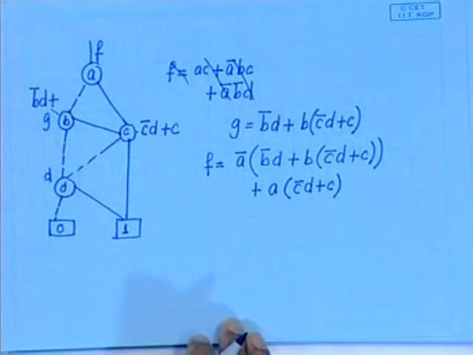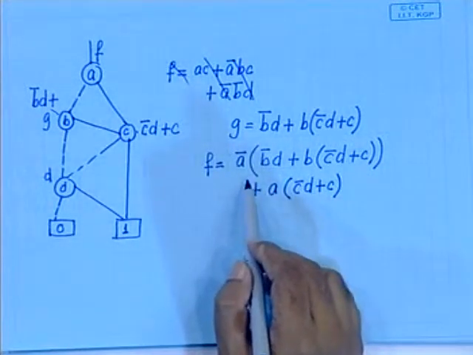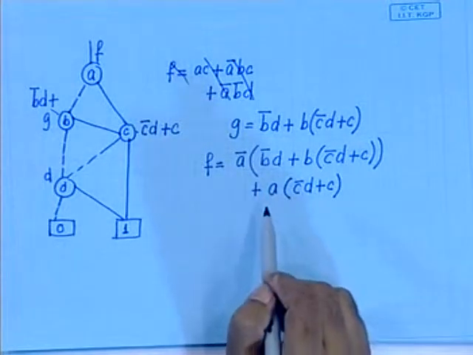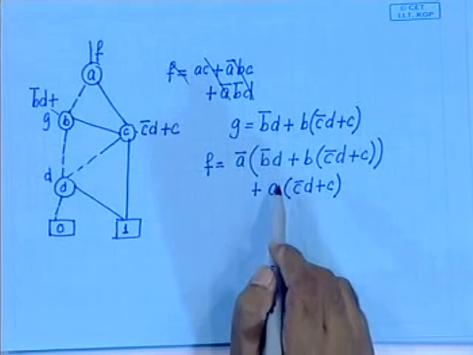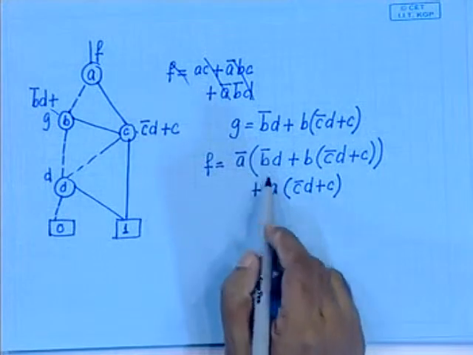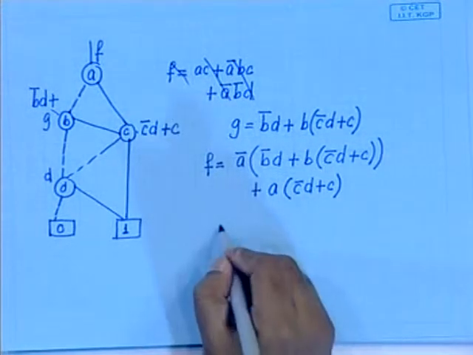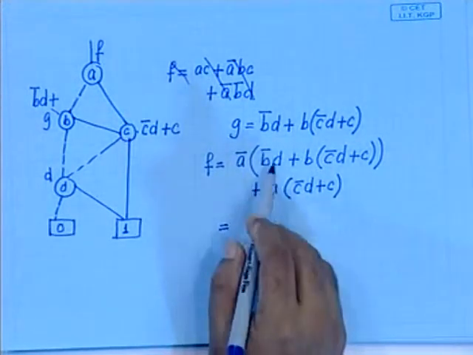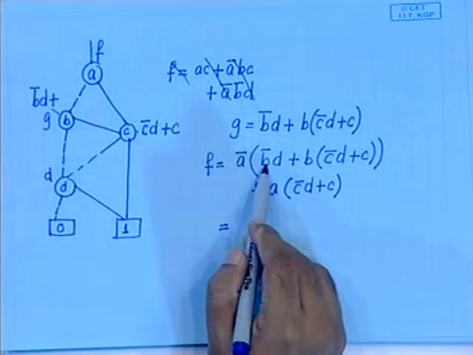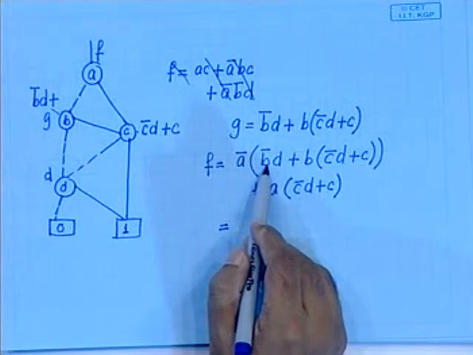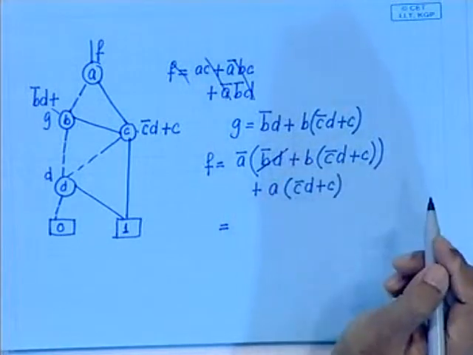Now, if I substitute b equal to 1, that is what we did. If you substitute b equal to 1, what is going to be the case? This one will be 0. So, this term will drop off.